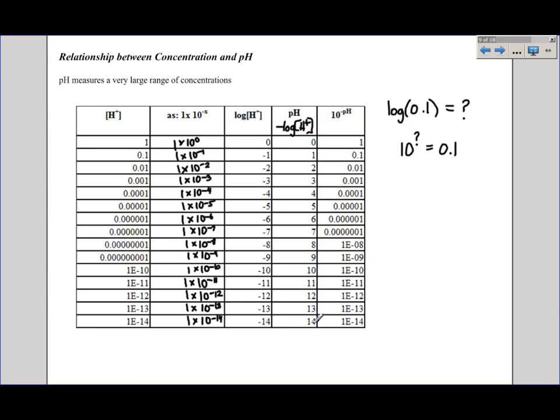Like I said before, the pH is giving us the power of the hydrogen ion. So it's giving us an indication of the concentration of the hydrogen ions in solution. The reason that we study this on a logarithmic scale is because we can study a really wide range of concentrations on a very simple 14-point scale.